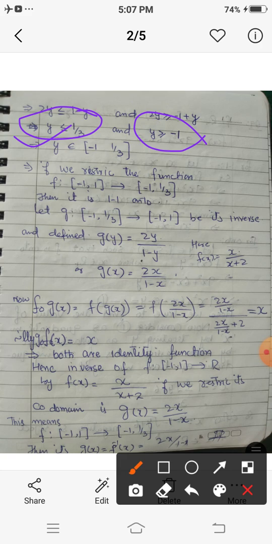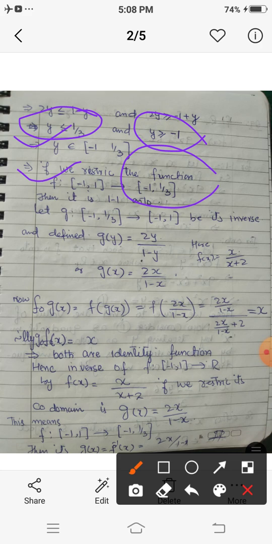So this means that if we restrict the codomain of the function from R to [-1, 1/3], that is, if we consider this function from the interval [-1, 1] to the interval [-1, 1/3], then it is a one-one onto function.